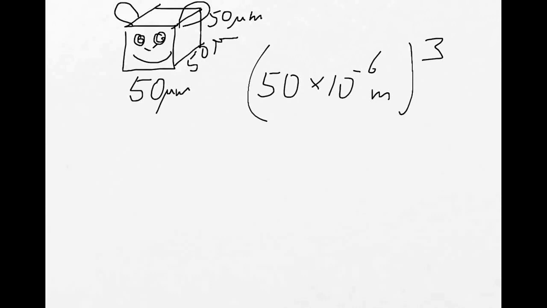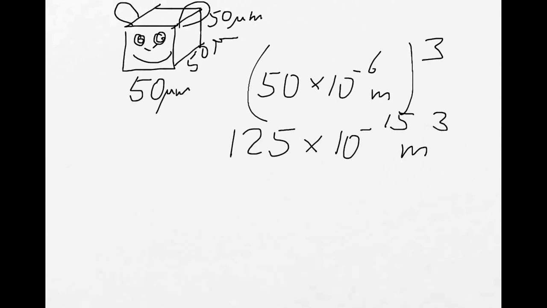What does that give us? 125 times 10 to the minus 15 cubic meters. Do you get that, roughly? Now that's the only difference between the prokaryotic and the eukaryotic cell. We still have 1,000 liters to a cubic meter.